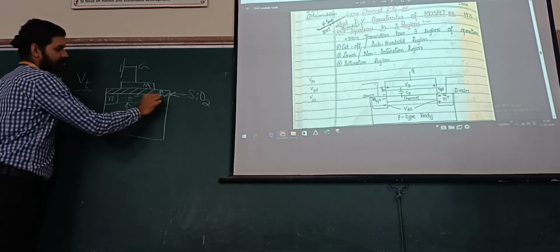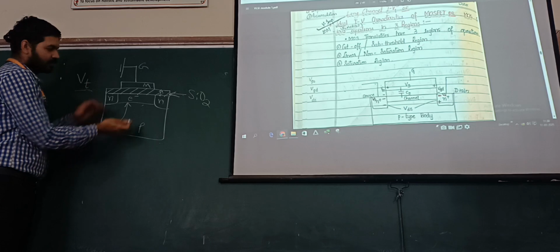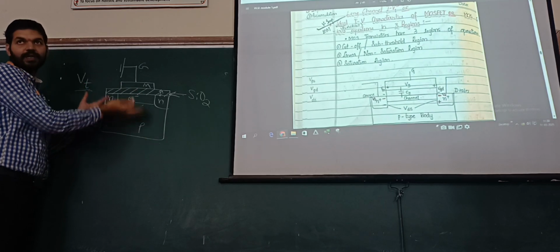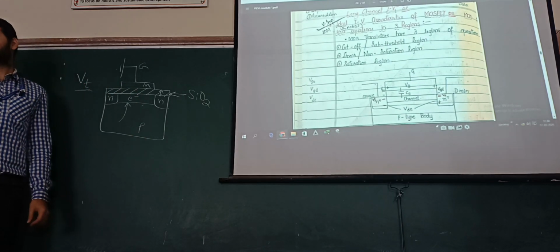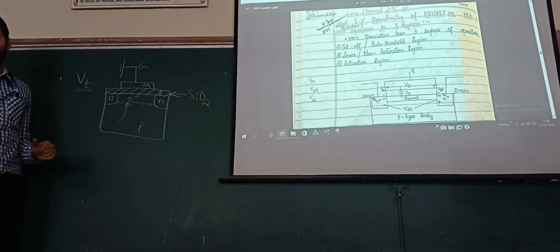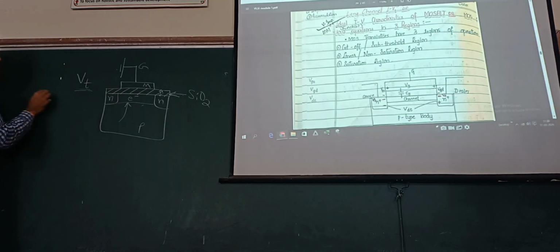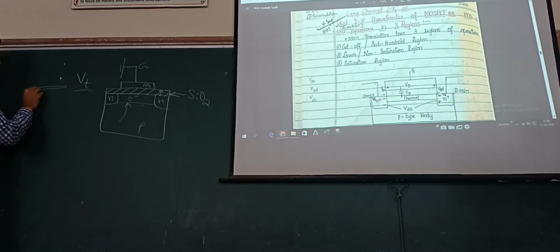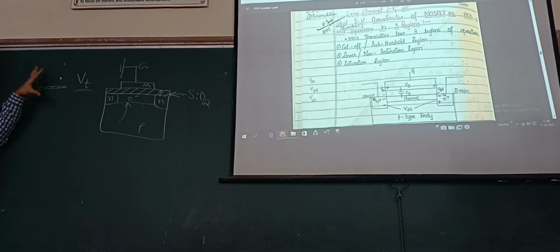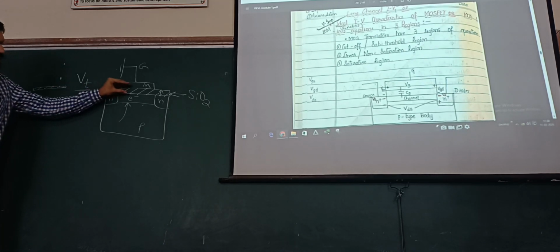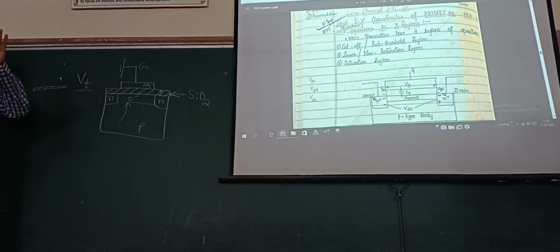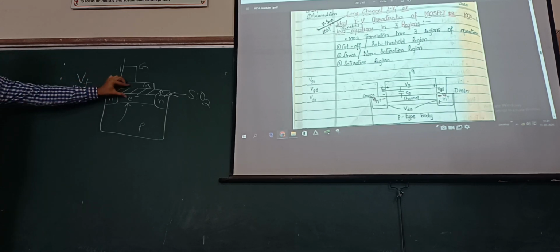Say this is N, this is N, this is P. For channel formation, all the electrons should be attracted. Right? All electrons should get attracted. In one case, the thickness of the SiO2 is very thin, and the electric field is very strong. In the other case, the thickness of the oxide layer is very large, so the electric field is weak.